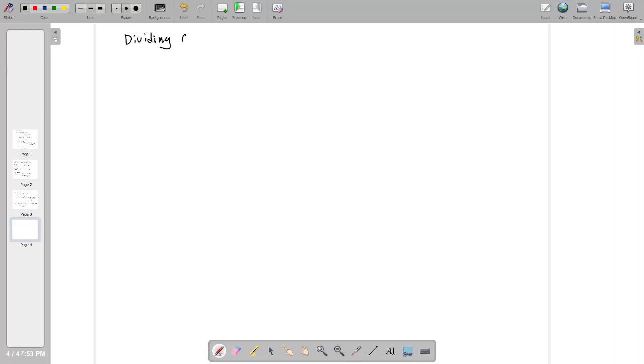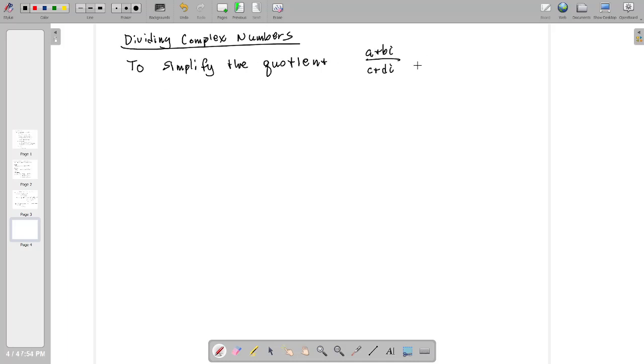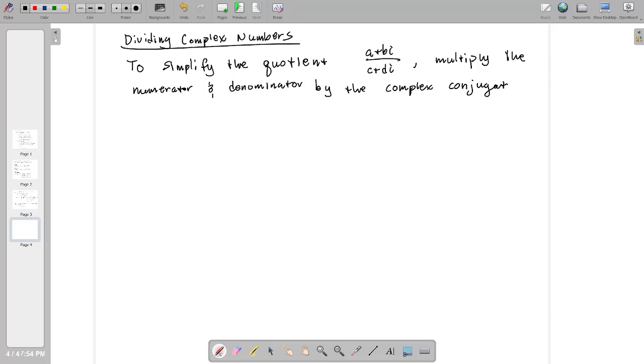And the next part of this section is going to deal with dividing complex numbers. To simplify the quotient a plus bi divided by c plus di, we multiply the numerator and denominator by the complex conjugate of the denominator. So if we have a plus bi divided by c plus di, what we want to do is multiply top and bottom by the conjugate.